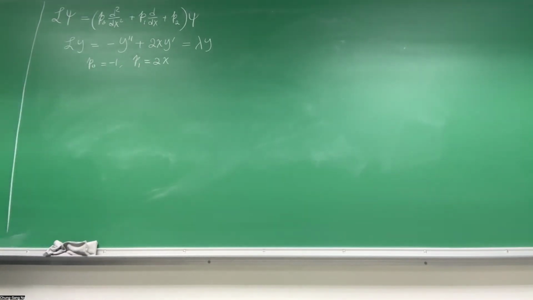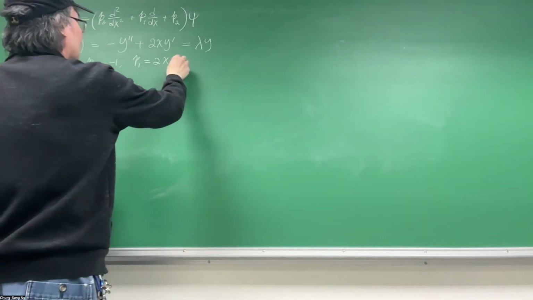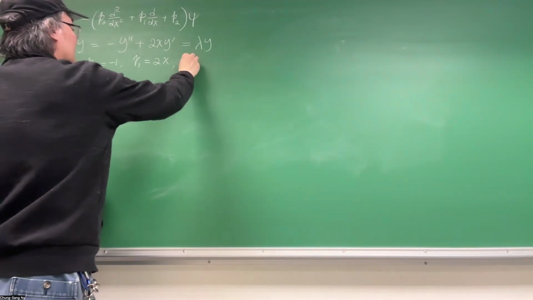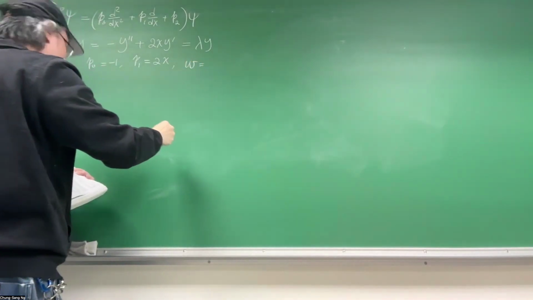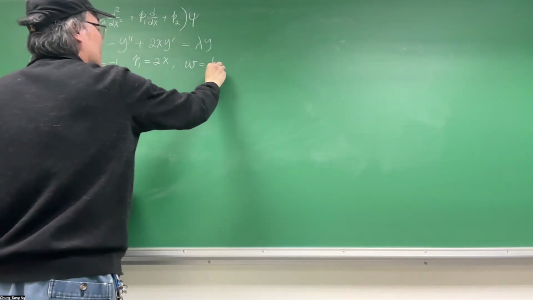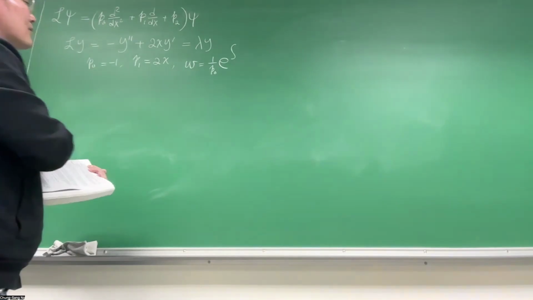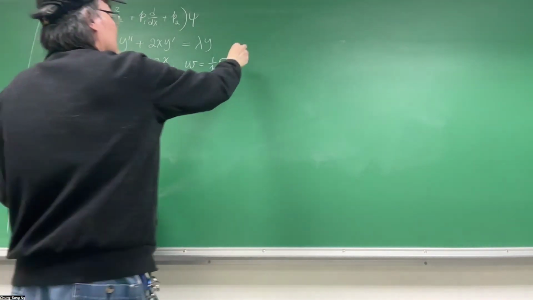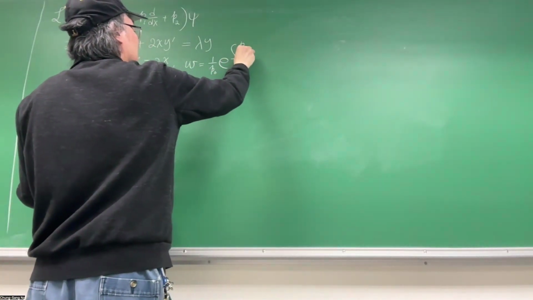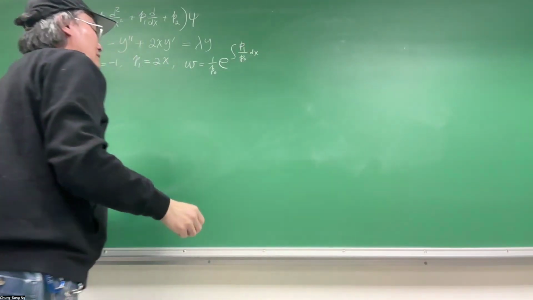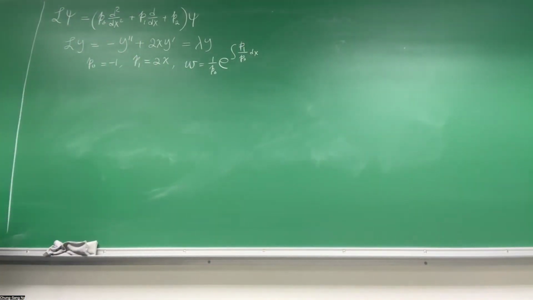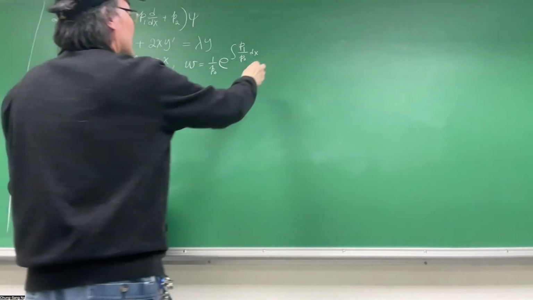So you need to define your scalar product with a weight function W. Using our formula, W is 1 over P sub 0 times the exponential of the integral of P sub 1 over P sub 0. You can work that out.